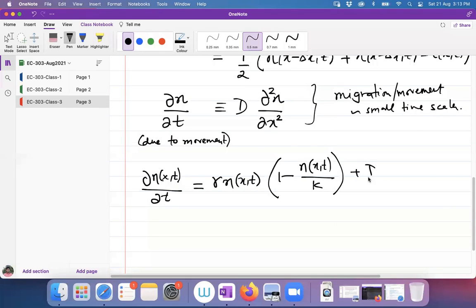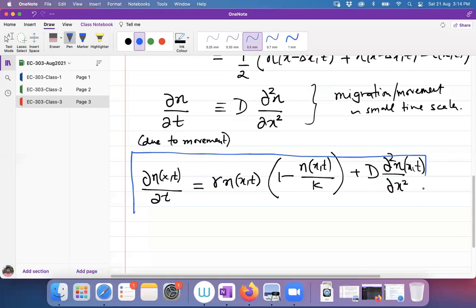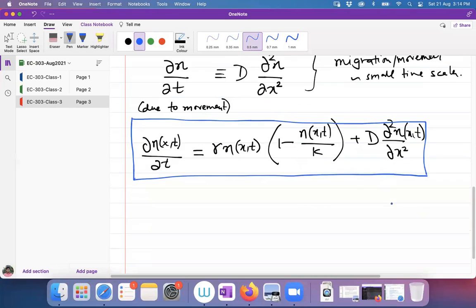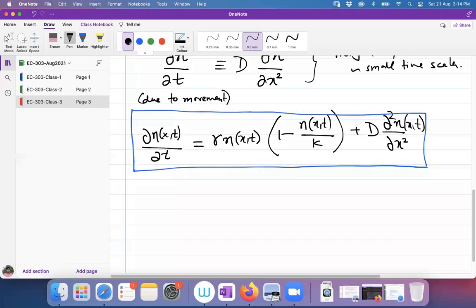And the second term captures how the movement is affecting the change in the population density. This part is called the reaction part.